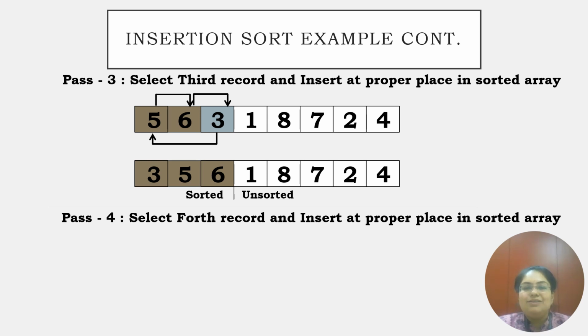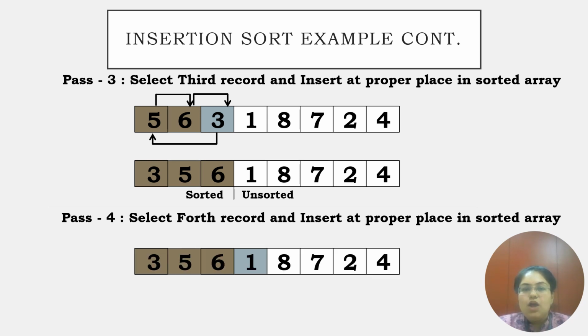Now we consider that 3, 5, 6 are the sorted sub-array and 1, 8, 7, 2, 4 are the unsorted elements. So now we select the fourth record and insert it in the sorted array.